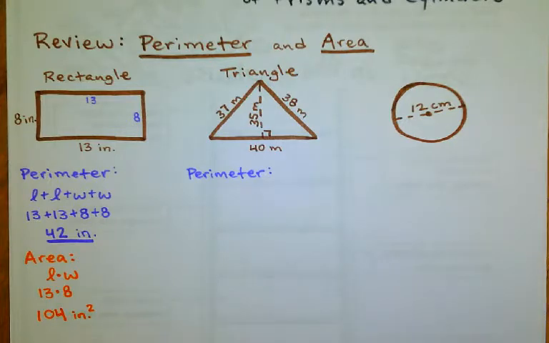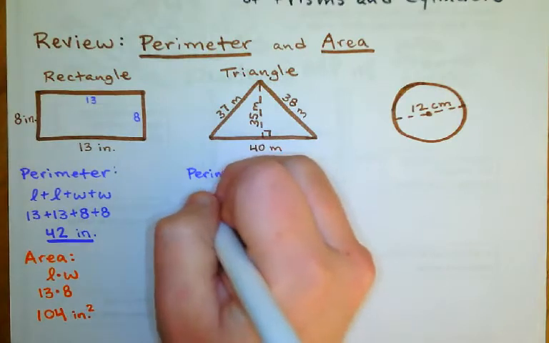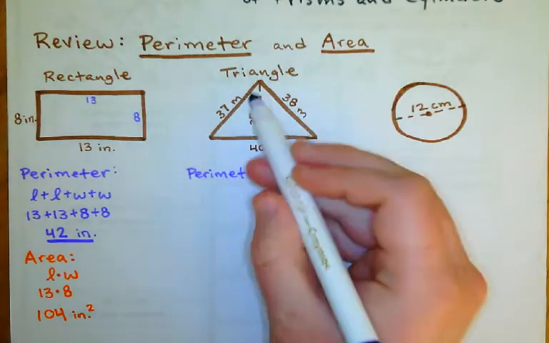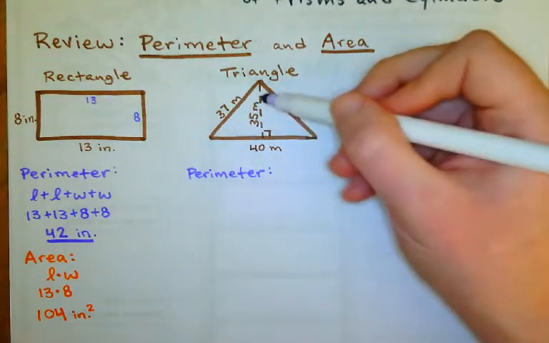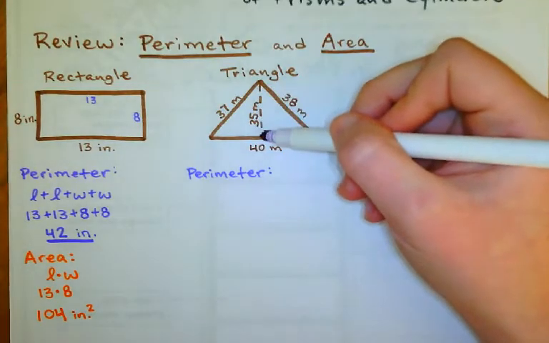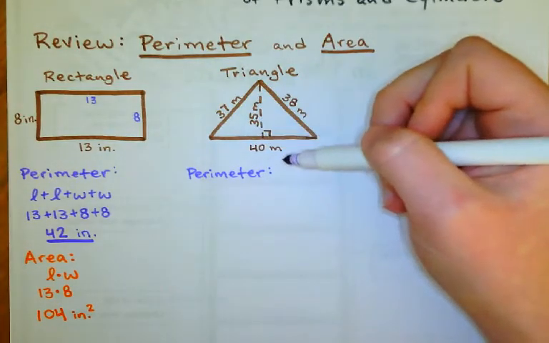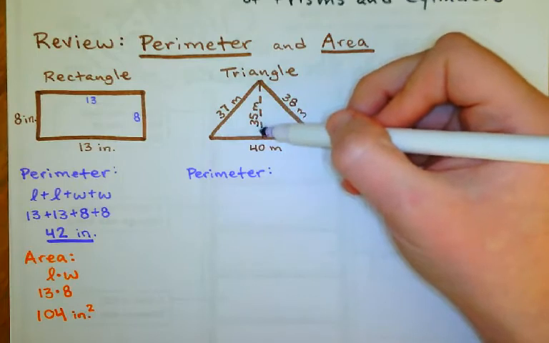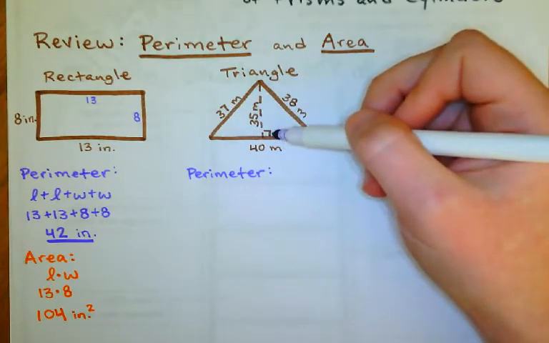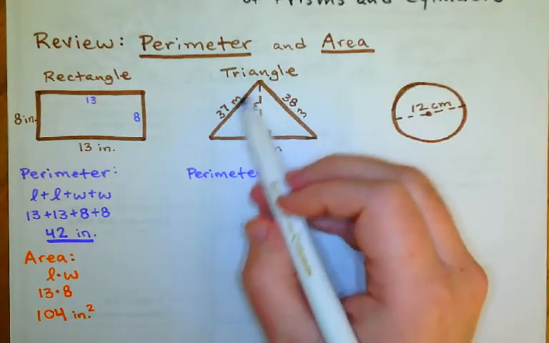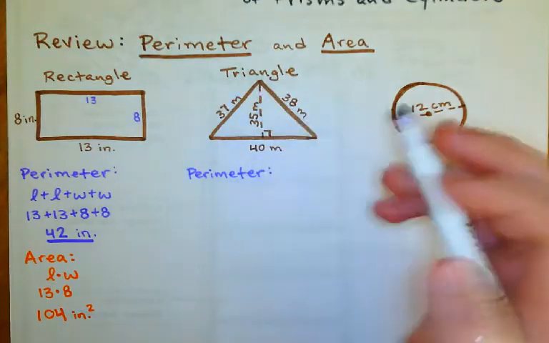How many sides does a triangle have? 3. So we're adding the outsides. This dotted line in the middle, that is not a side of the triangle. This is telling us different information that we want to use for area, but isn't going to help us with the perimeter.